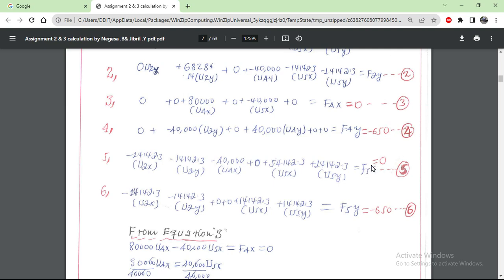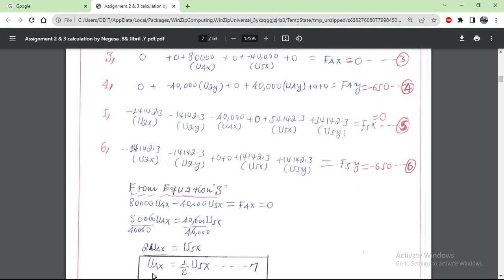This one is 0, not given. So from equation number 3, we reduce this as 80,000 times u4x plus negative 40,000 times u5x equal to 0. F4x equal to 0.